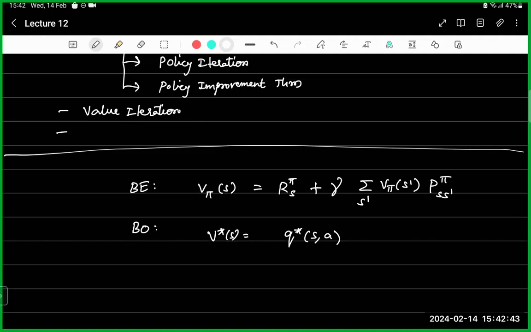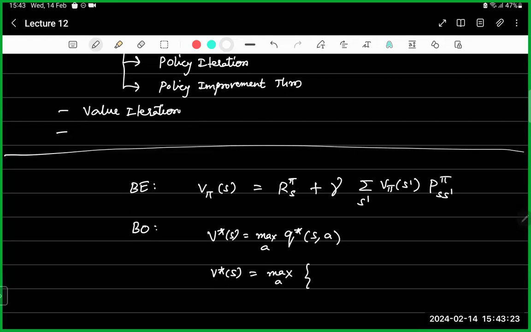Q star of S comma A says that if you take action A right now, and from the next step you follow the optimal policy, you behave in the best possible way, you will get Q star of S comma A. So if you want V star of S, you want to do optimally even in the current step. So what should we do? Take this current step optimally as well. This is the best value that you can get. So we just expanded this equation to get the Bellman optimality equations.